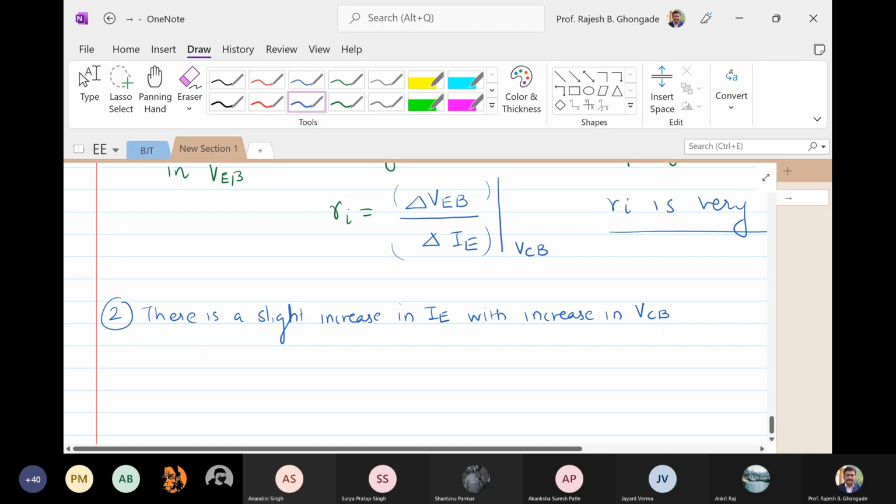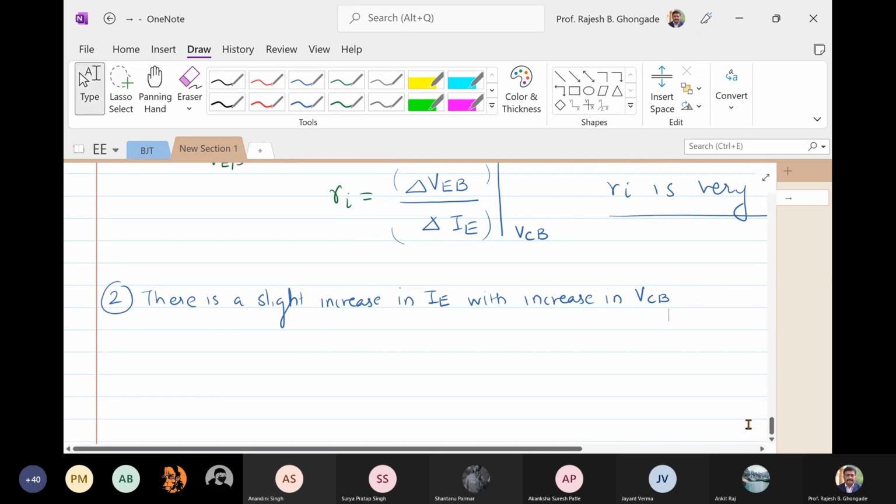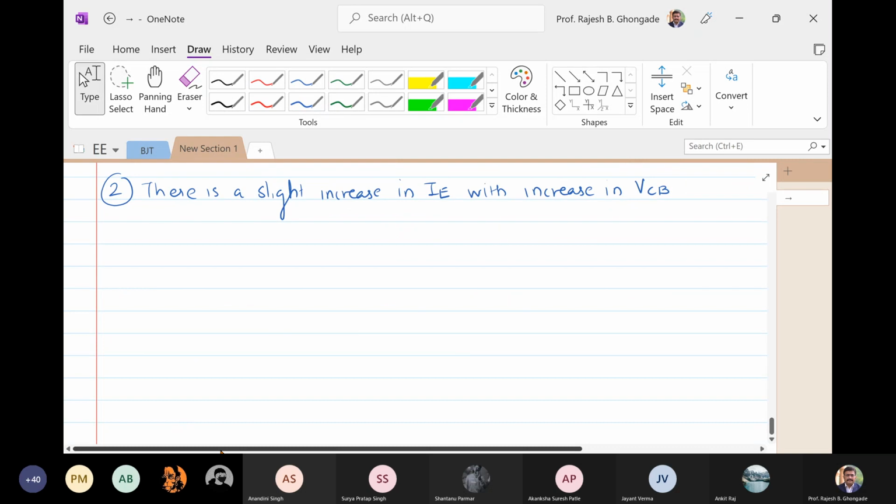अब ये क्यों हो रहा है? इसका एक्सप्लेनेशन ये है. Okay.